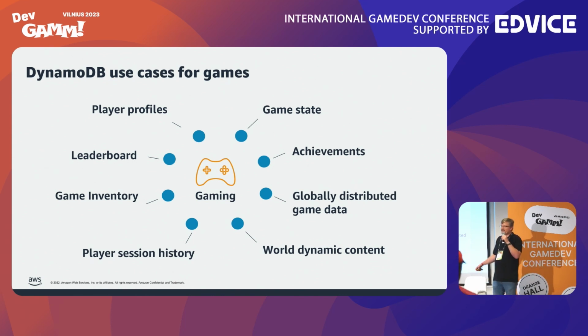But after another several years, MongoDB becomes unmanageable itself, and they move to DynamoDB for most of the workloads. The main workloads for DynamoDB are player profiles, game state, and I think leaderboards. These are cases where you literally don't need to do anything. Just throw the data in, and that's all.